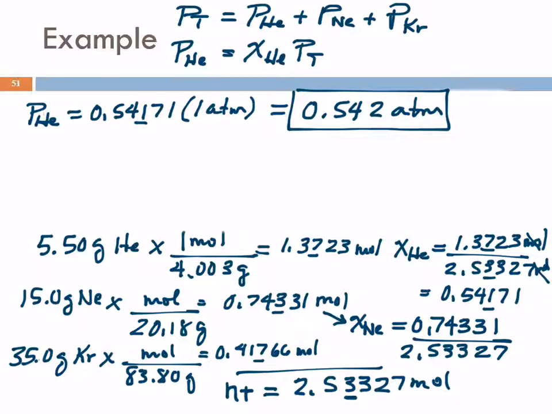I can't just turn the page. Mole fraction of neon is going to be, divided by 2.53327.